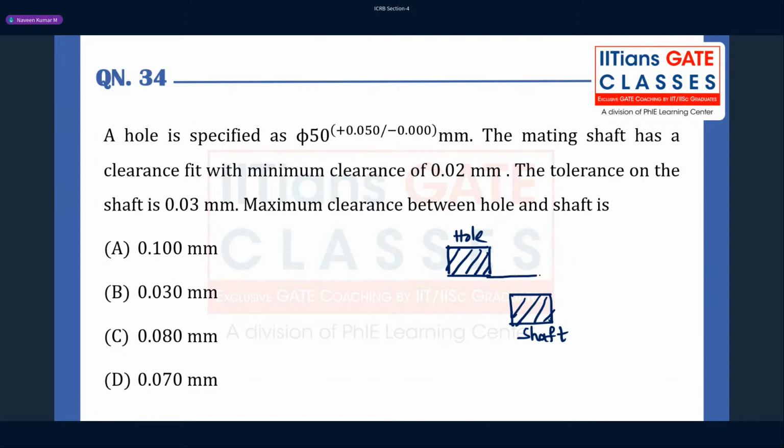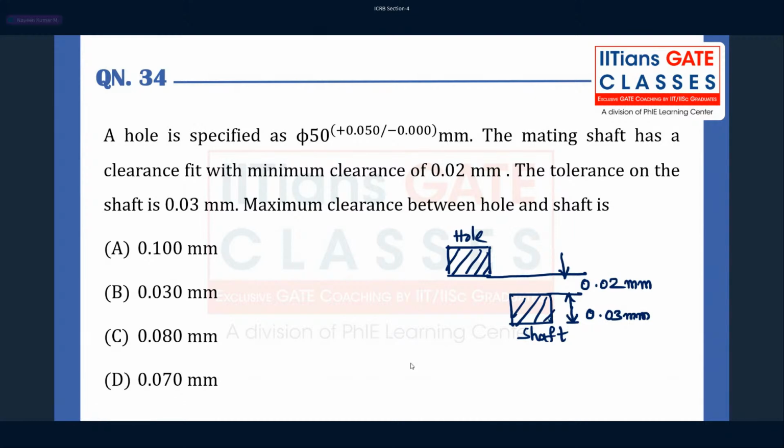This is the minimum clearance. And the tolerance on shaft is 0.03, and we need the maximum clearance between the hole and shaft. Simple question: the tolerance of shaft is how much? The width has been given, that is 0.03 mm. Now they're asking the maximum clearance between the hole and the shaft.